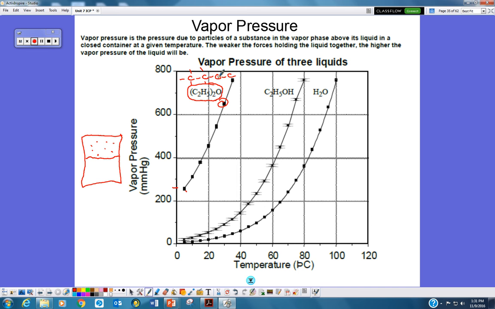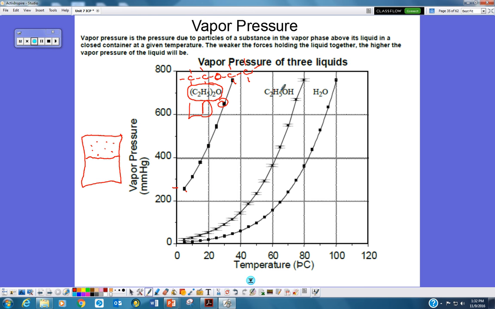Actually, there's an O in there. It is a nonpolar molecule. So what's the only force holding these together? London dispersion forces. So this has very weak IMFs. They're not super attracted to each other, so this is going to turn to a vapor very easily.